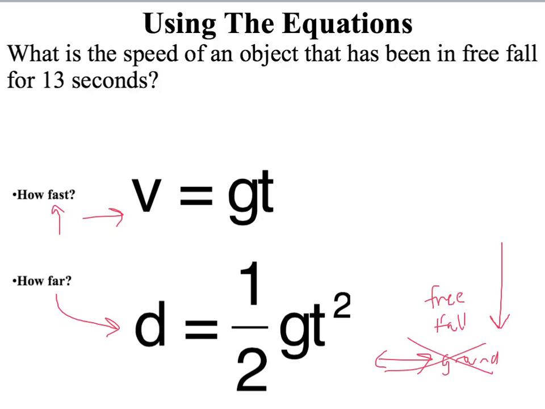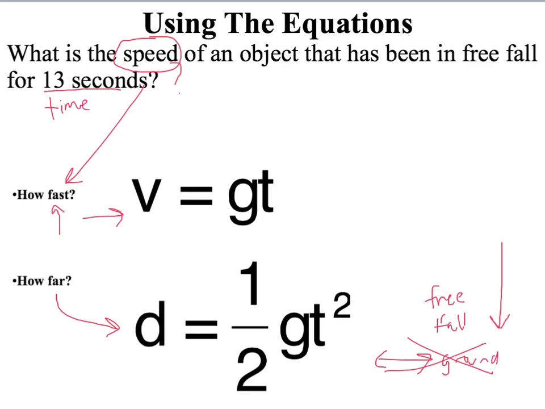So let's check this one out. It says, what is the speed of an object that has been in free fall for 13 seconds? So it's asking us for the speed, and is the speed how fast or how far? It's a how fast, so we're going to use this equation. And it gives us a time is 13 seconds.